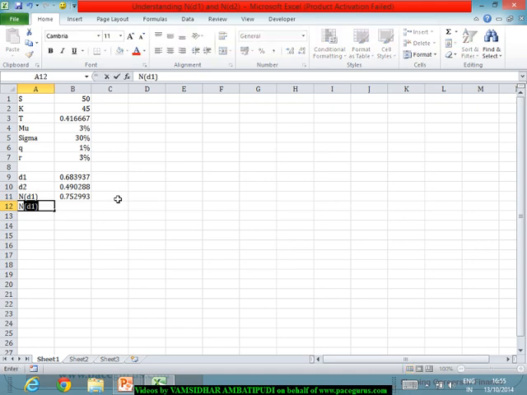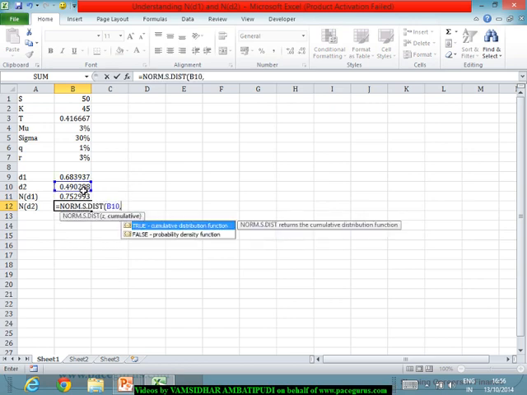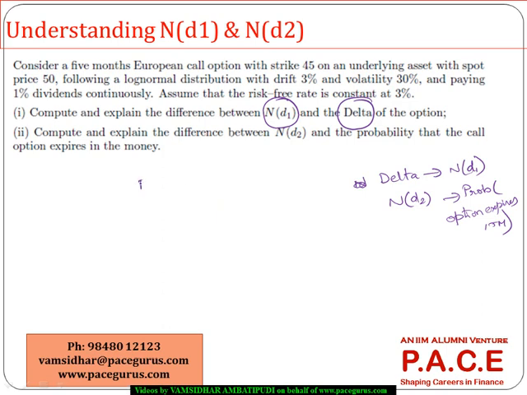Similarly, if I am looking at N(d2), the same logic works out to 68.8%. So N(d1) is this particular number, but when I look at delta, the formula for delta is e power minus qt times N(d1). So it is equal to N(d1) only when the asset is non-dividend paying.